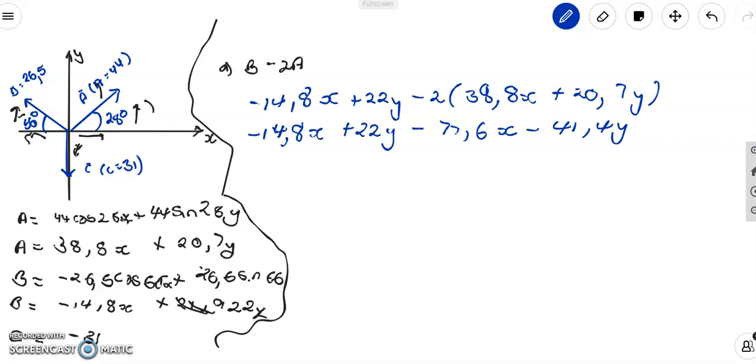And now, to finish off, I'm going to add the x's together, like add like.